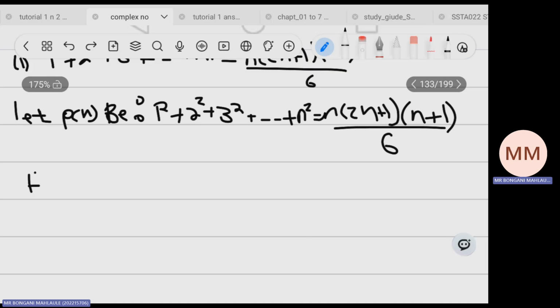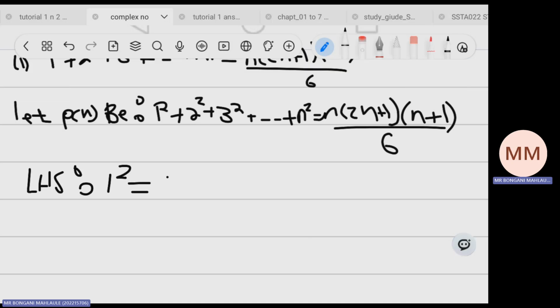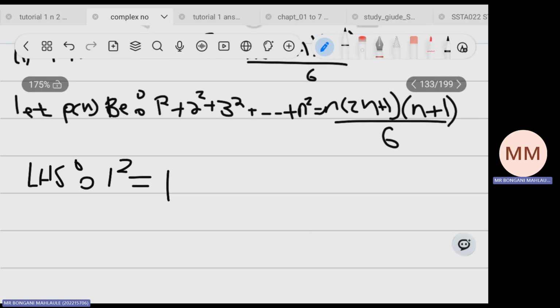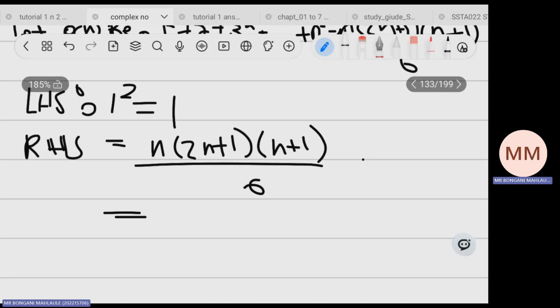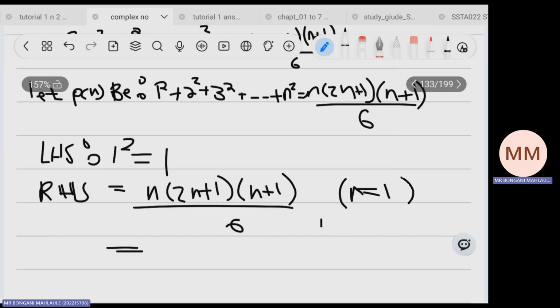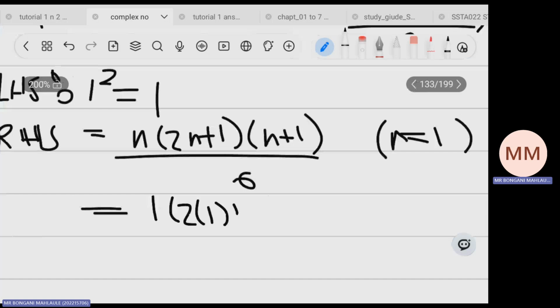So on our left hand side, we have 1 squared which is equal to 1. Then the right hand side, it's equal to n times 2n plus 1, n plus 1 all over 6. So we'll check for n equal to 1. Then you'll just have 2 times 1 plus 1.